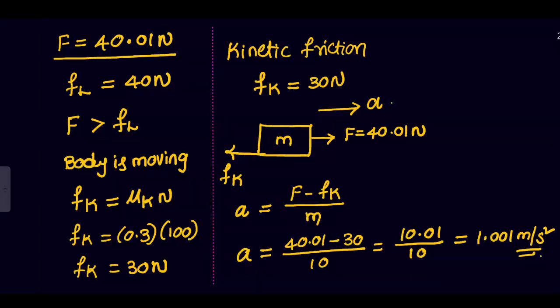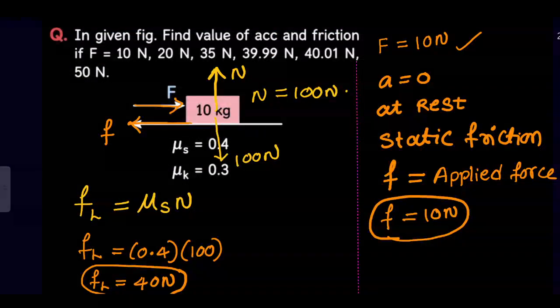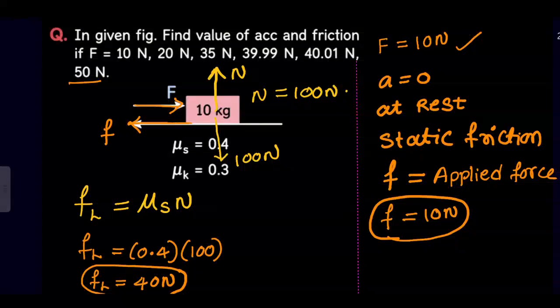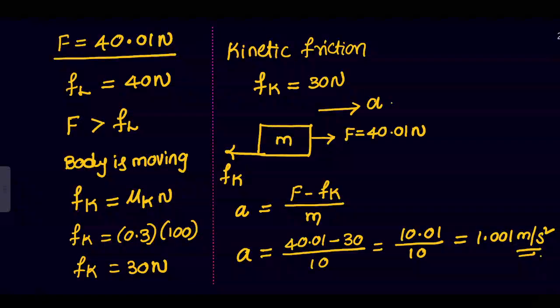Now you tell me, next, how much is the next force we applied? 50 newtons. Now do for 50 newtons also. When we apply the force, F is equal to 50 newtons.